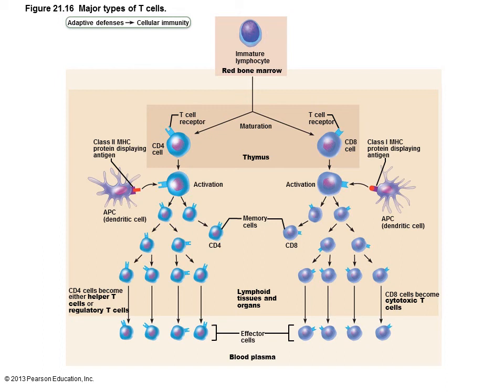T cells mature in the thymus, and they become two populations: CD4 T cells and CD8 T cells. CD4 cells interact only with antigen presenting cells containing class 2 major histocompatibility complex, MHC proteins, so CD4 can only bind to class 2 MHC.